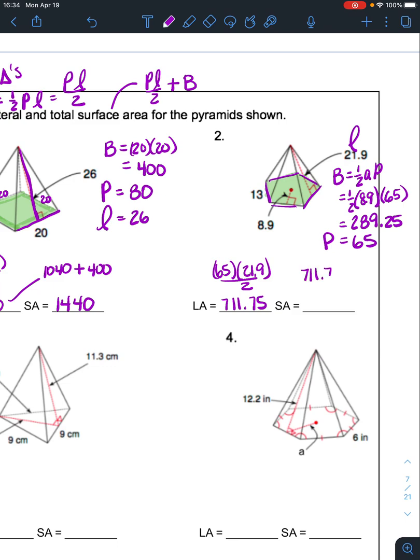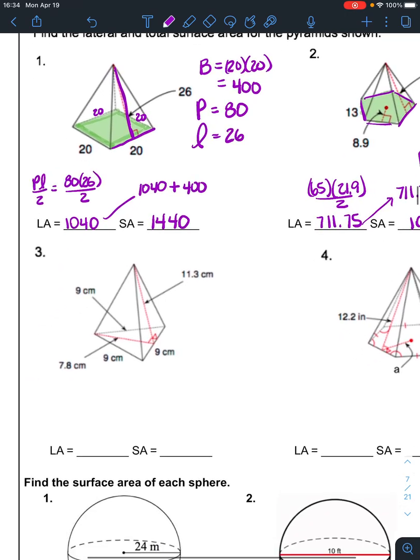Your surface area would be that lateral area, PL over 2, plus the area of one base, which we found to be 289.25. You get 1,001. So the total surface area is 1,001 units squared.